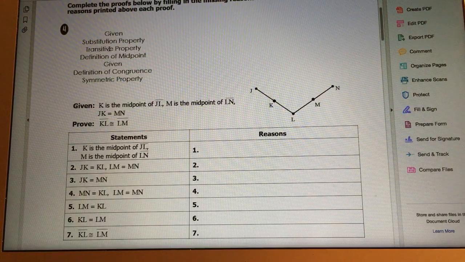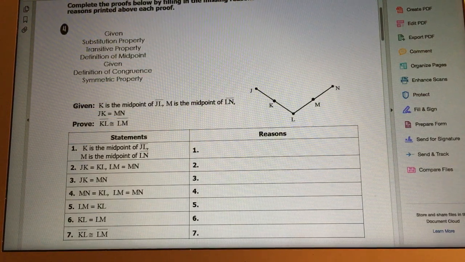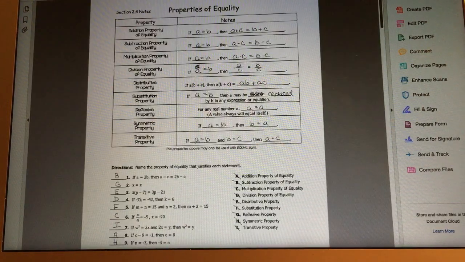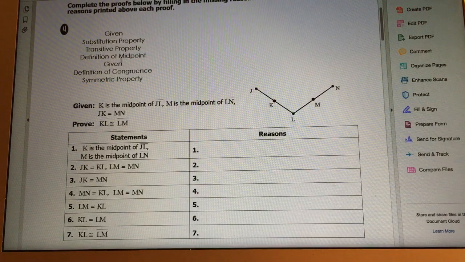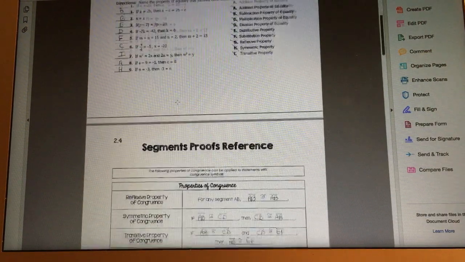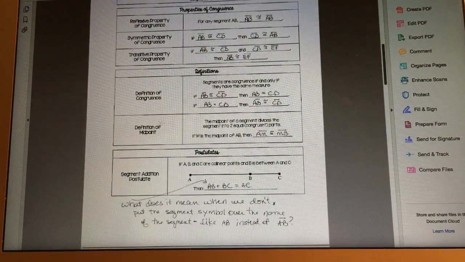Then you have the transitive property. That was the one that was a lot like the substitution, but not exactly like it. That's the one that goes, if A equals B and B equals C, then A equals C. It's kind of like the law of syllogism that we used. So that's the transitive property. Then we have definition of a midpoint. Remember, the definition of a midpoint, that's from the segment proofs reference.